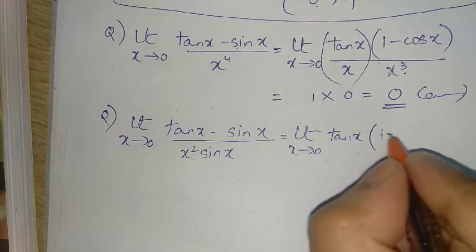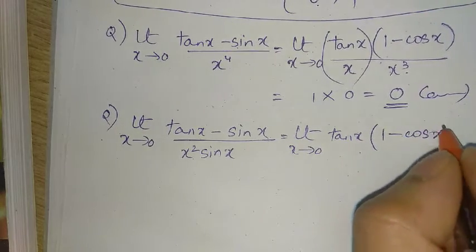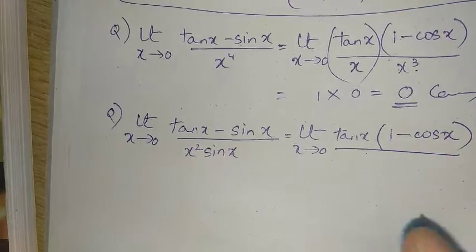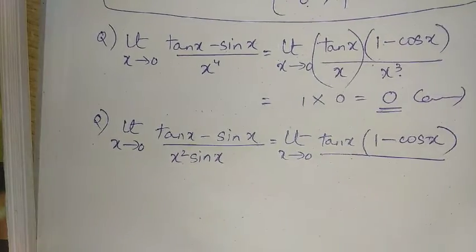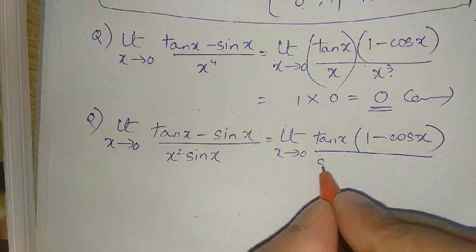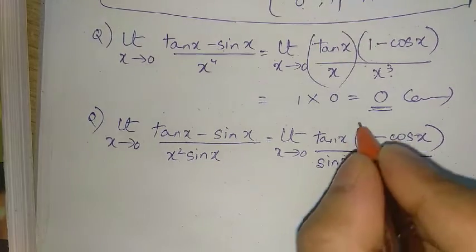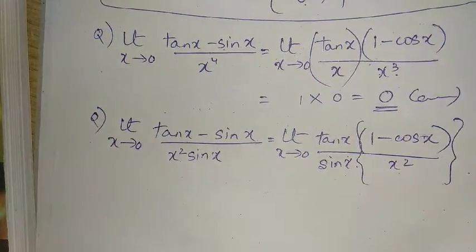So what we will get is 1 minus cos x, divided by sin x, and we will separate the x square term so that this becomes a different part.